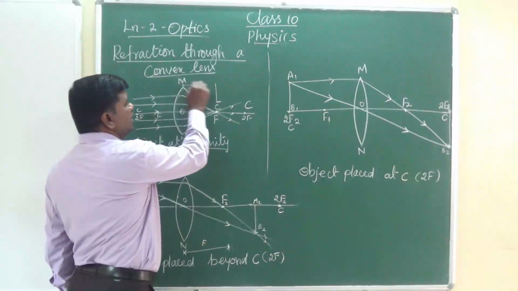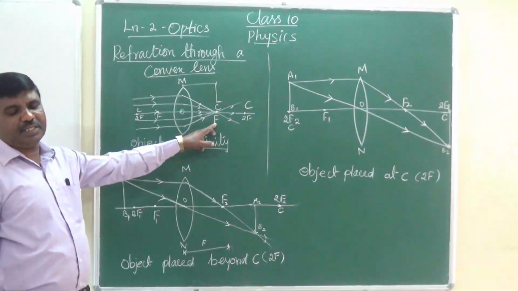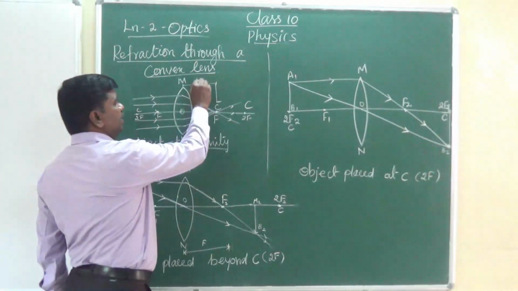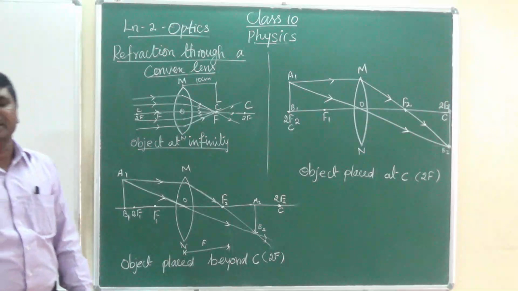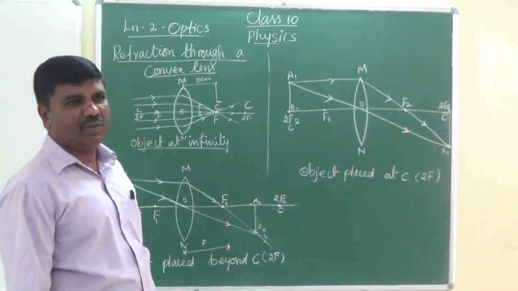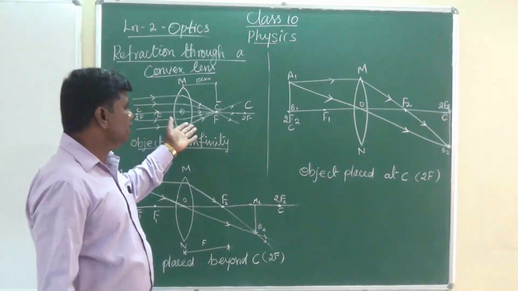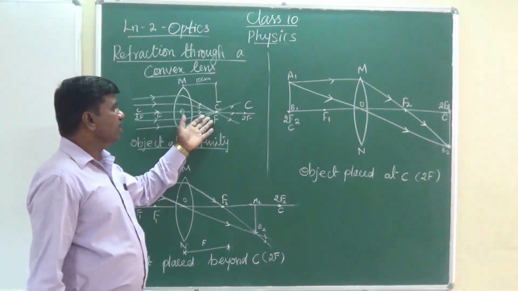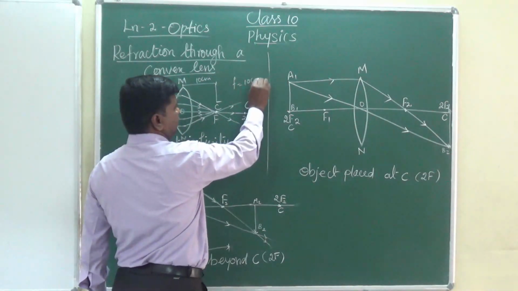What is the distance between the center of the lens and the focal point, the screen? Suppose for example it is 10 centimeter, so the focal length of the lens is 10 centimeter. From that we can easily find the focal length of the lens. So f equals 10 centimeter.